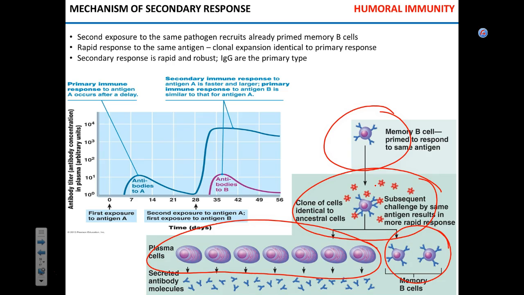You may ask, wait, what's the difference between primary and secondary response then? It is timing. Okay, look here. At point 0 is the point of primary exposure, and you can observe an increase in antibody production that occurs about a week after the exposure. Does that make sense? And then the number of antibodies goes down.